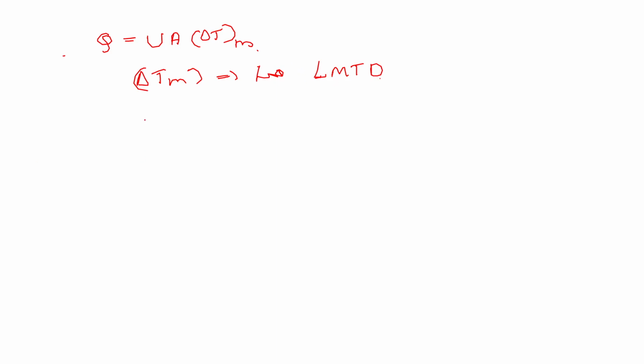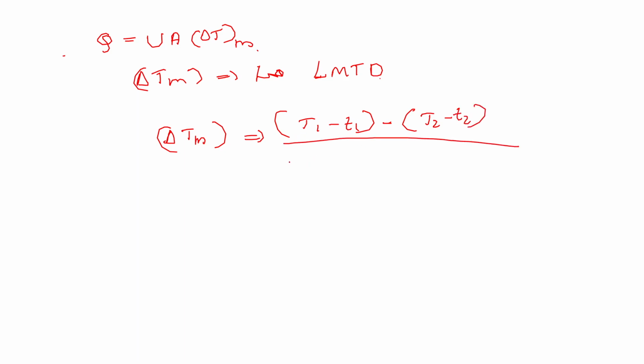And for parallel flow, what will happen? LMTD delta Tm will be (T1 minus t1) minus (T2 minus t2) divided by log of (T1 minus t1) divided by (T2 minus t2).